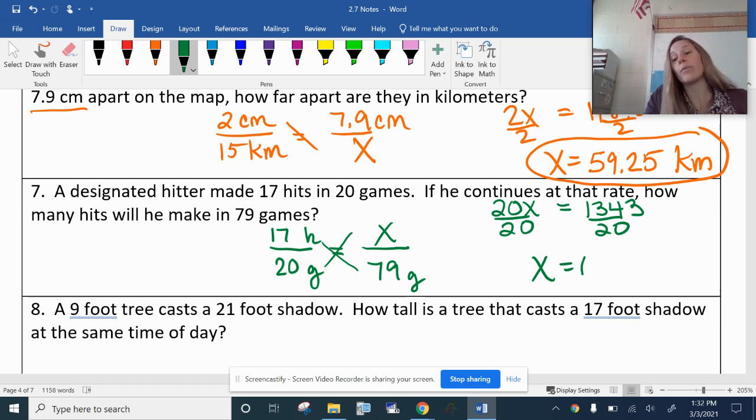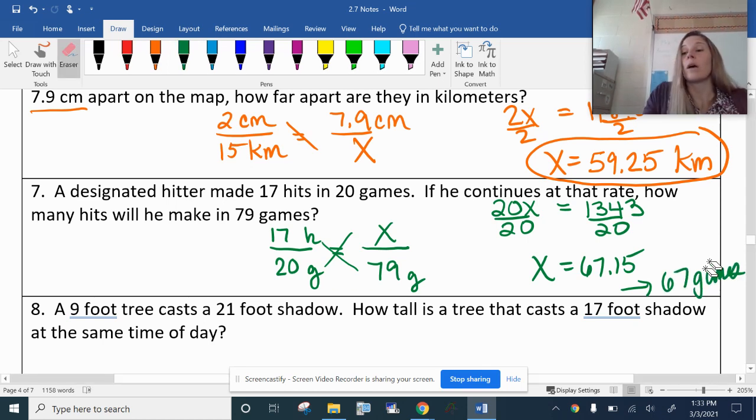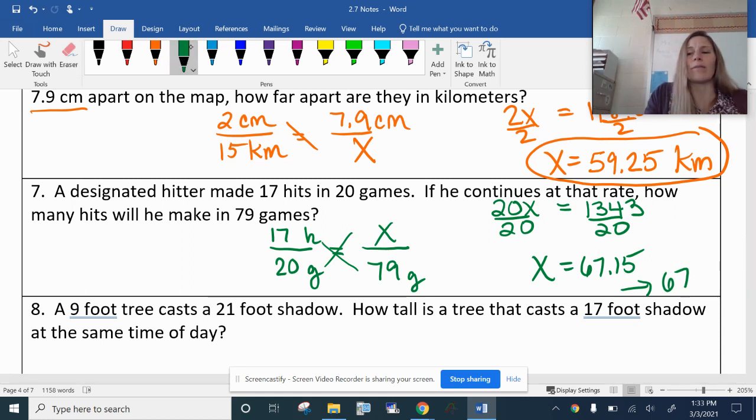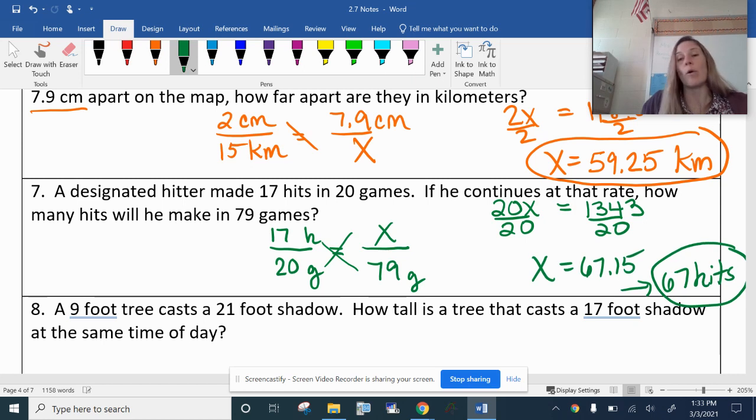We have 67.15. Now, this may be a situation where you need to round it because we're finding out how many hits. You can't have a part of a hit. It either is or it isn't. So it'd be 67 hits about.